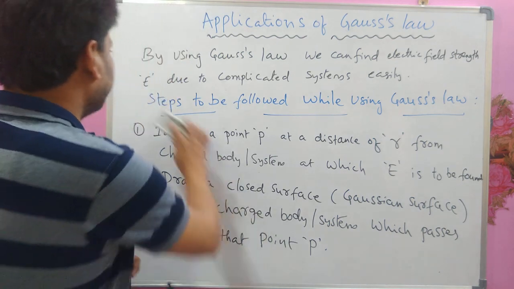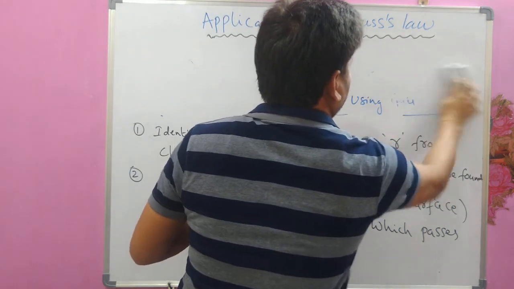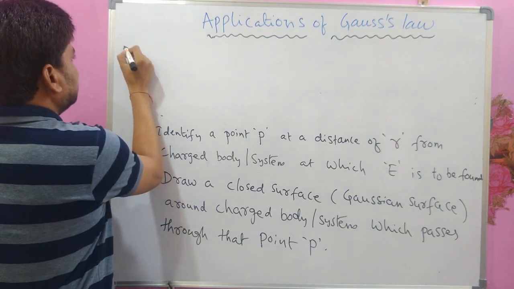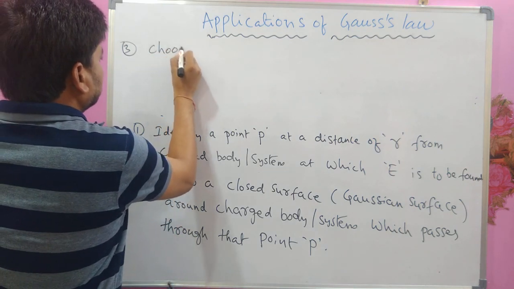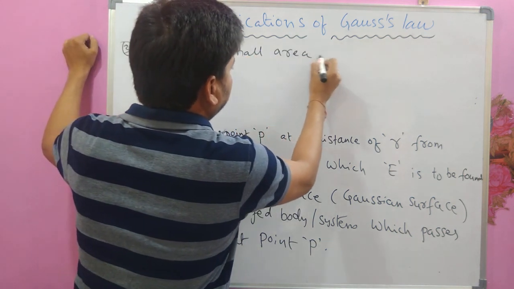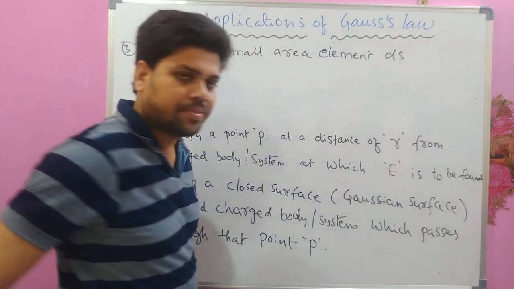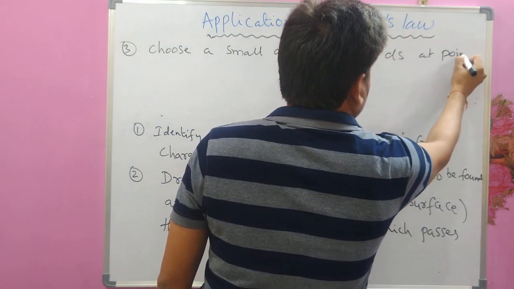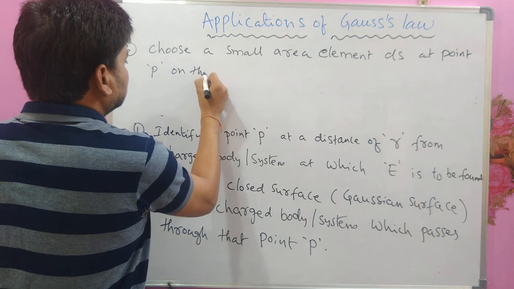Now in the third step, choose a small area element ds at point P on the Gaussian surface.